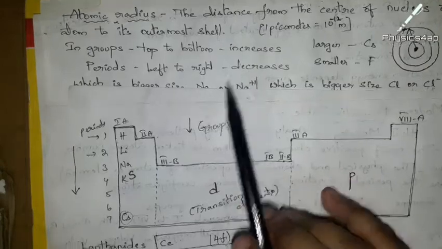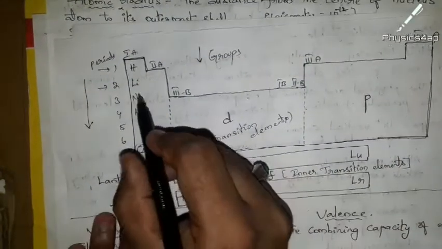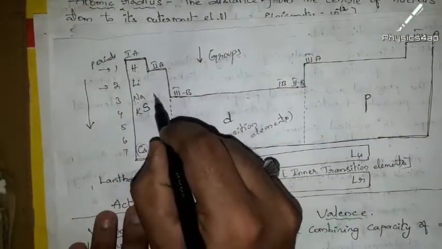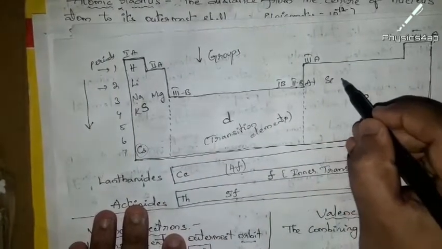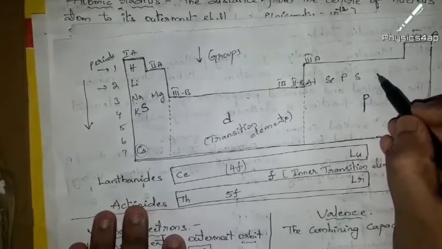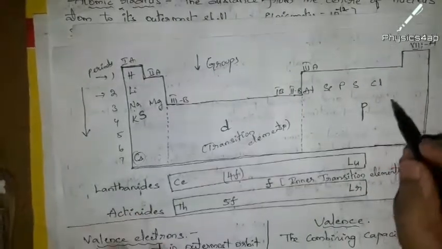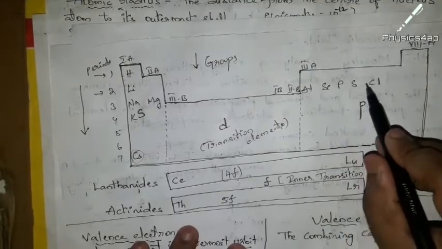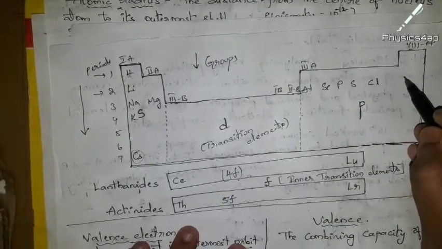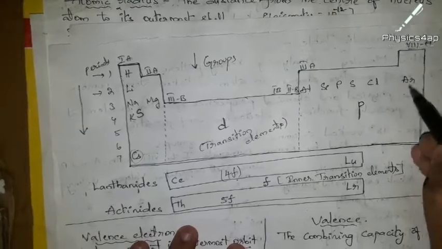Why do we say it decreases? For example, here we have sodium, magnesium, aluminium, silicon, phosphorus, sulfur, chlorine, and here we have argon.